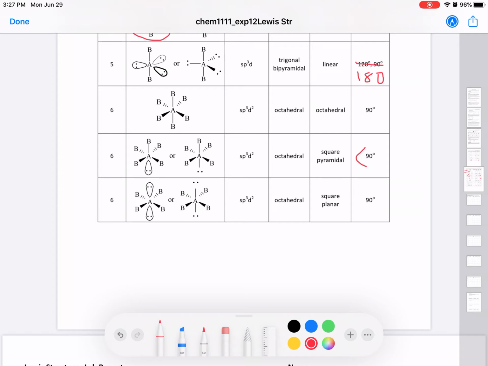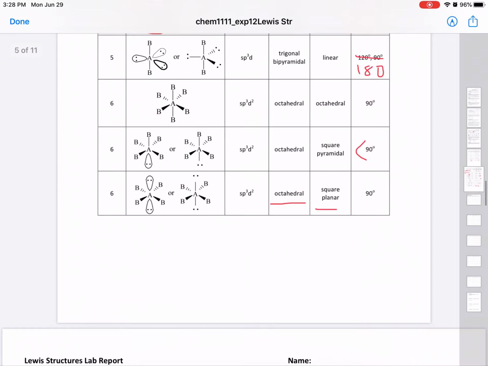And then if you have two lone pairs, they're going to be opposite each other, giving a square planar molecular geometry, but still the electronic geometry would be octahedral and the bond angles are 90. It's not going to deviate from 90 because it's a symmetrical molecule. So that is square planar. Okay, so those are the electronic and molecular geometries.